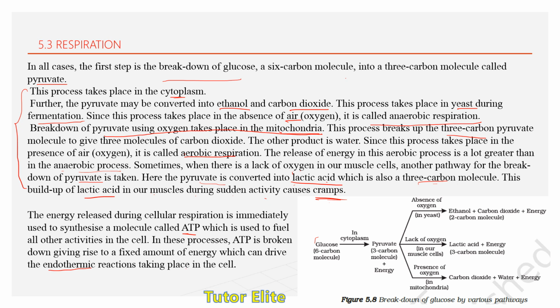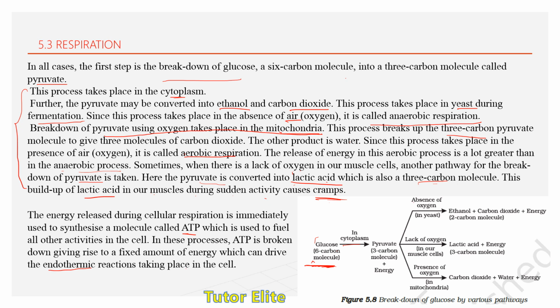Breakdown of glucose by various pathways. This is your glucose, how your food is being broken down in the cytoplasm. The 6 carbon molecule is broken down to 3 carbon molecules plus energy.